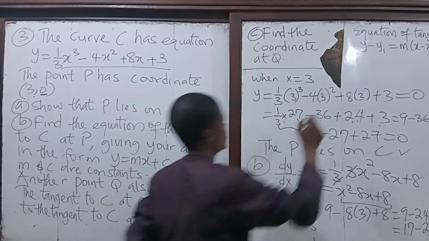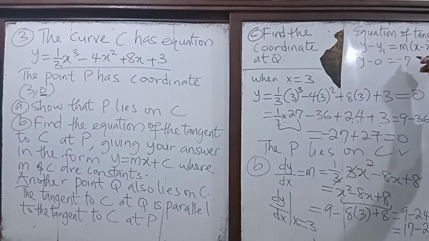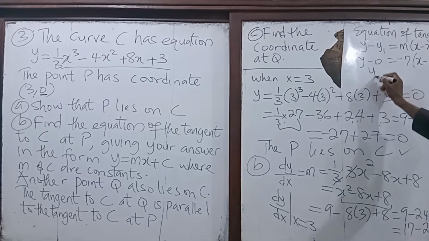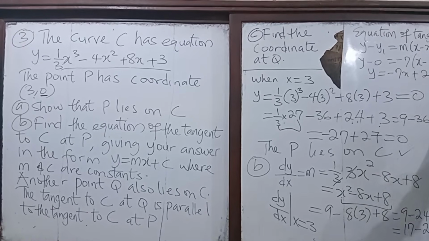So that will be y minus 0 equal to the slope m, that's minus 7, times x minus x1, where x1 is 3. Then you can do your expansion, so y will be equal to minus 7x plus 21.